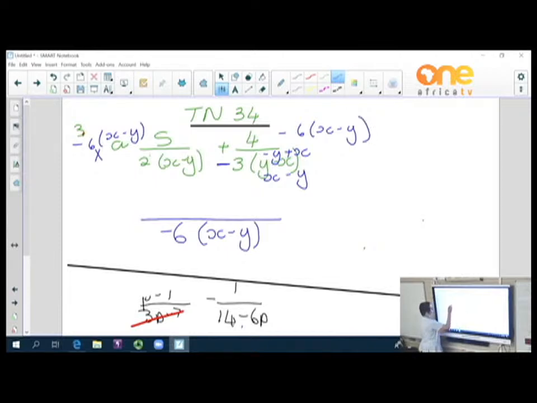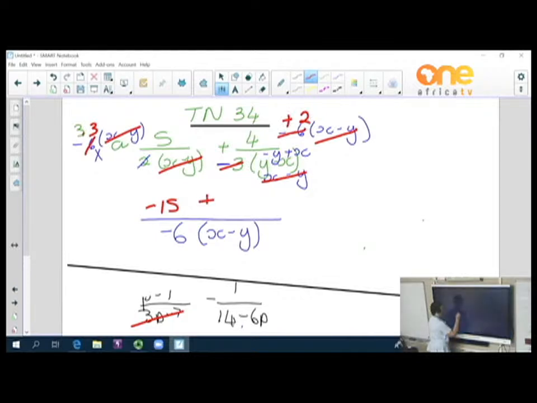So cancel, the 2 divides into the 6 3 times. This will cancel out now there, so we have negative 15. Here, the x minus y will cancel out. The negative 3 will divide into that one positive 2 times. And if we multiply now, we have positive 8.